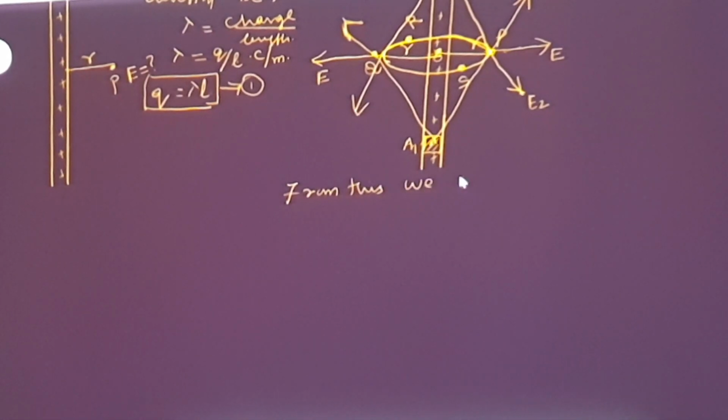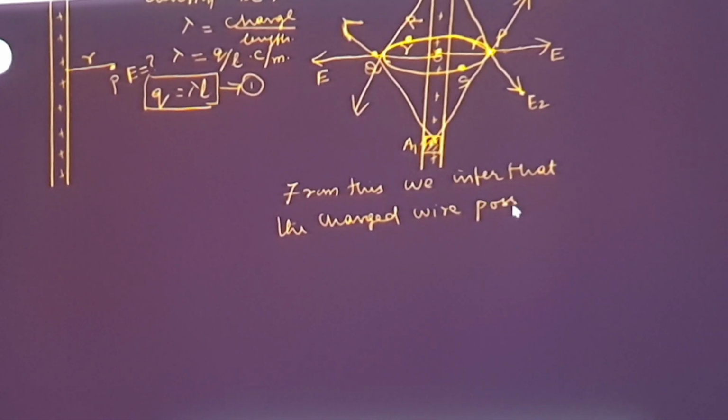From this we infer that the charged wire possesses a cylindrical symmetry.